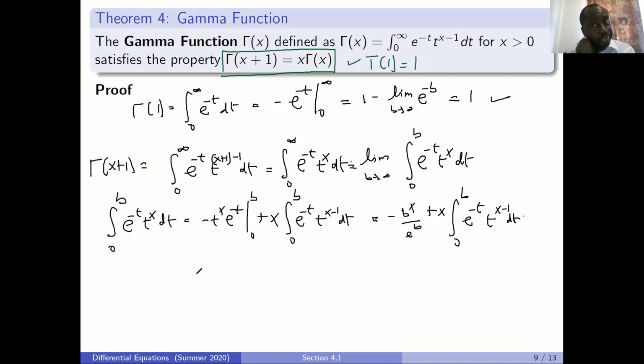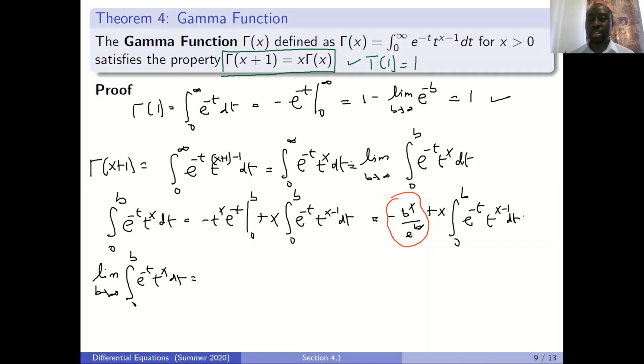All right, so now if we take the limit as b approaches infinity, again we have b to the x, where x is some positive real number. e to the b is always going to be bigger than b to the x, because if you expand out e to the b, you're going to get all possible powers of b, and that sum is going to be larger than b to the x.